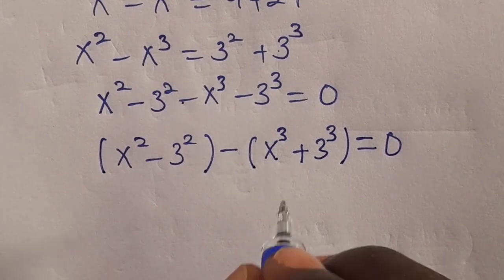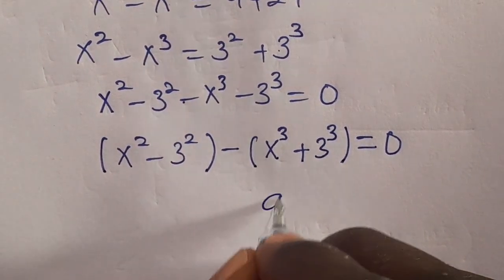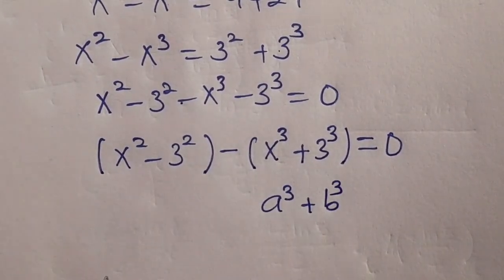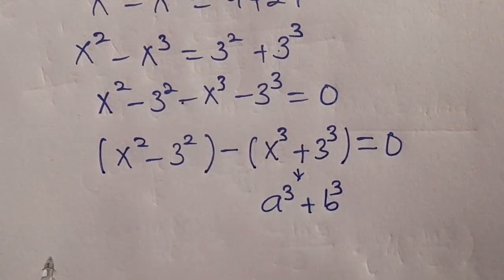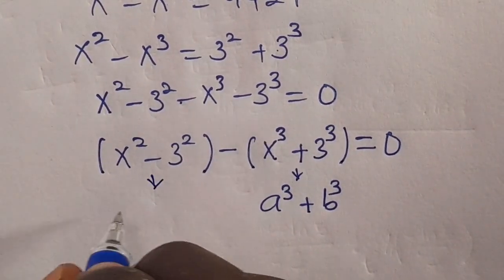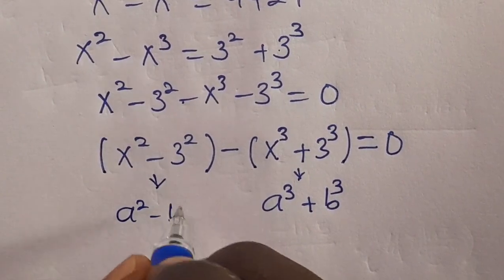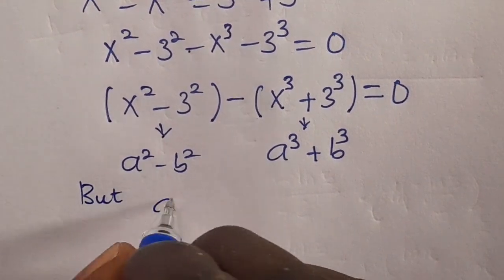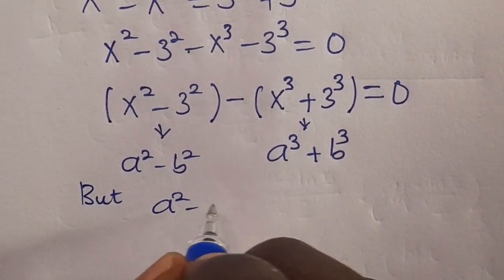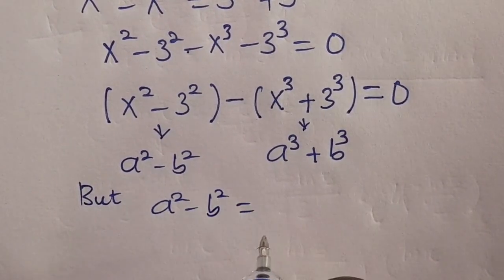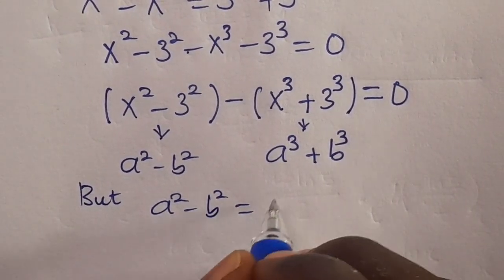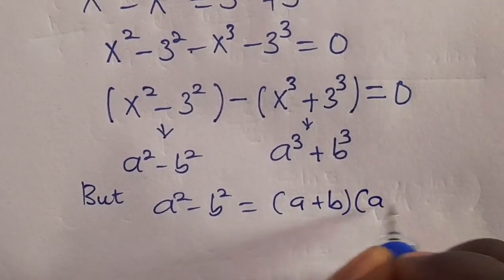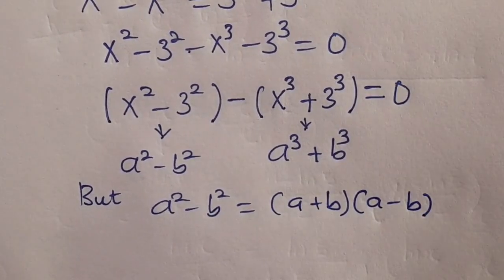Now mind you that we have this in the format of a to the power of 3 plus b to the power of 3, and this as a square minus b square. But a square minus b square, the difference of two squares, always equals a plus b multiplied by a minus b.